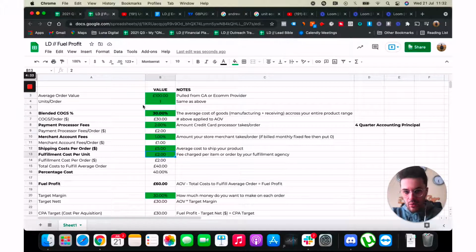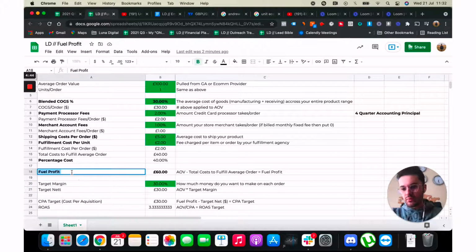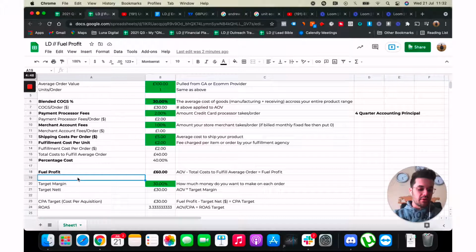Awesome. Now with all these fees that we know that we have here, which are variable, which will increase as our business grows, we need to figure out what is essentially going to be our fuel profit. This is something that we implemented after seeing what much larger agencies or brands are doing, which is figuring out what amount of money we can spend at maximum cap, so that we know we can scale as fast as possible.